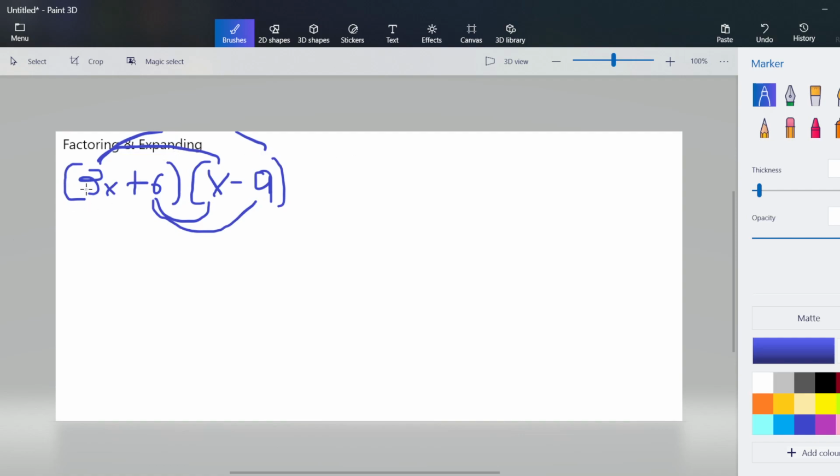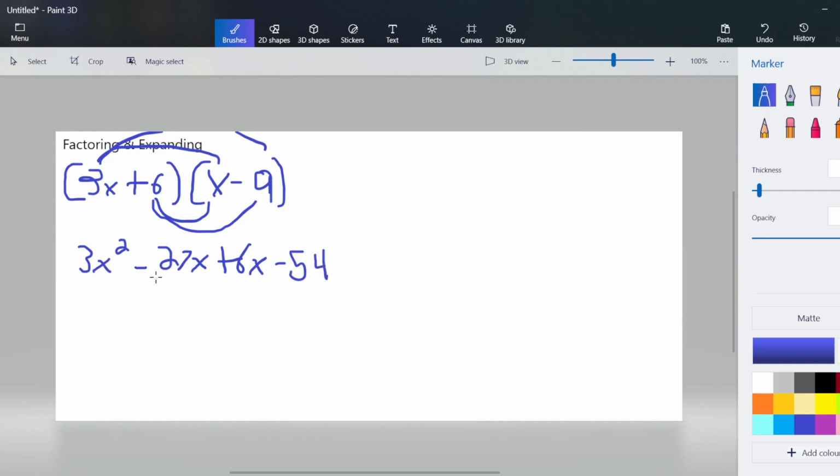So when we do this, we'll start here. 3x times x is 3x squared, and then 3x times negative 9 is minus 27x, and then 6 times x is 6x, and finally 6 times negative 9 is negative 54.